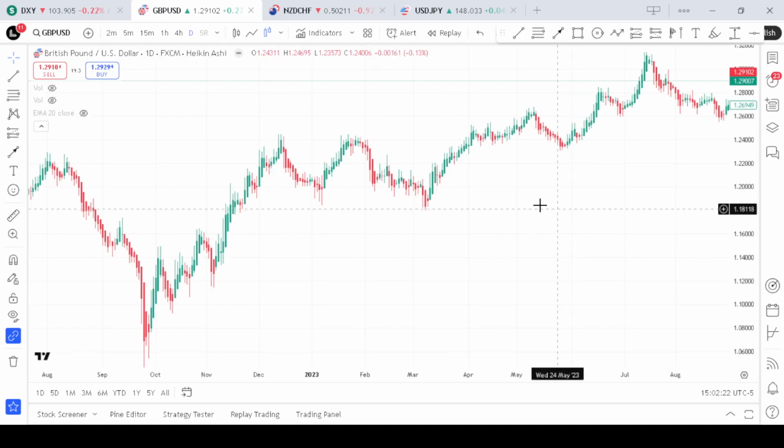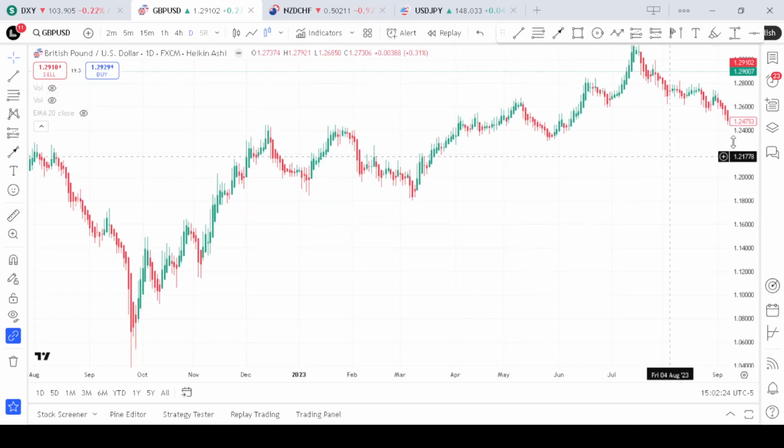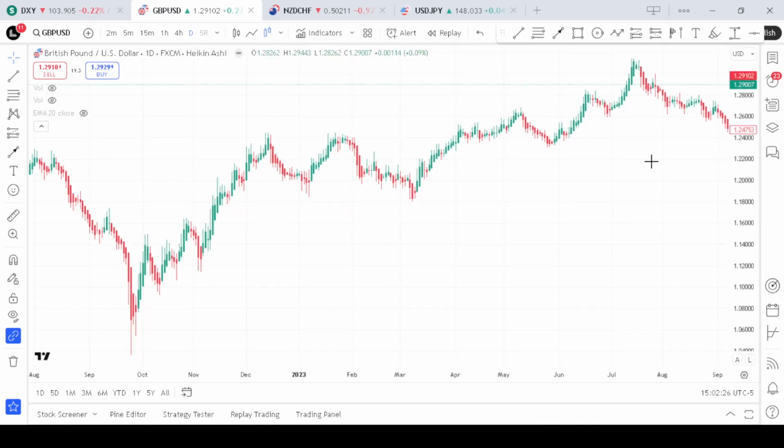Now there are some key features that we need to know about the Heikin Ashi strategy. The first feature is the bullish candle. A bullish candle typically indicates an uptrend.